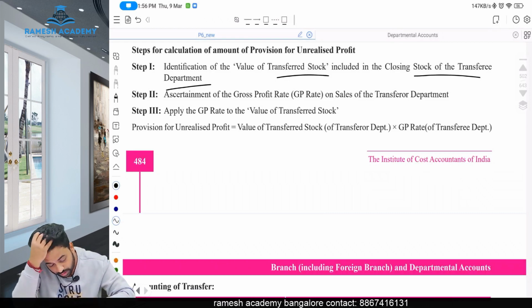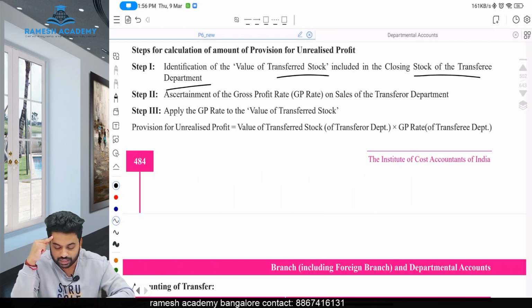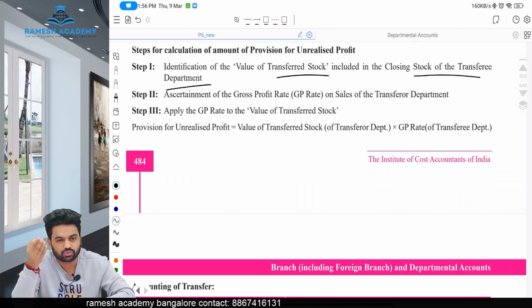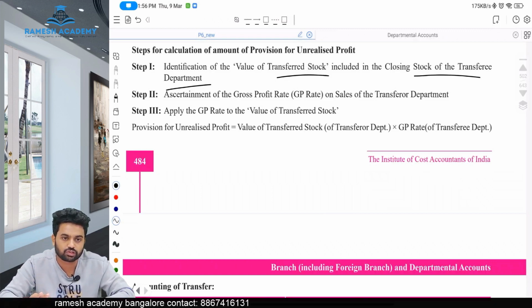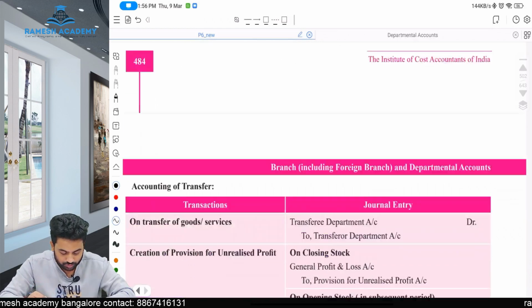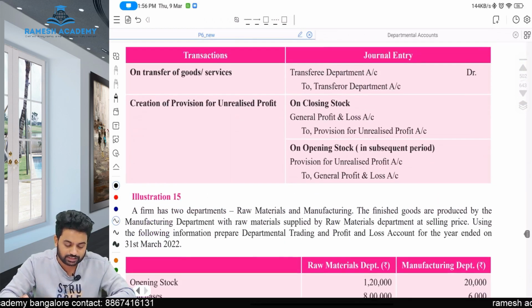Next is ascertainment of the gross profit ratio on sales of the transferor department. Apply the GP rate on the value to find out how much profit is included in the closing stock of interdepartmental transfer. Later we pass the entries.